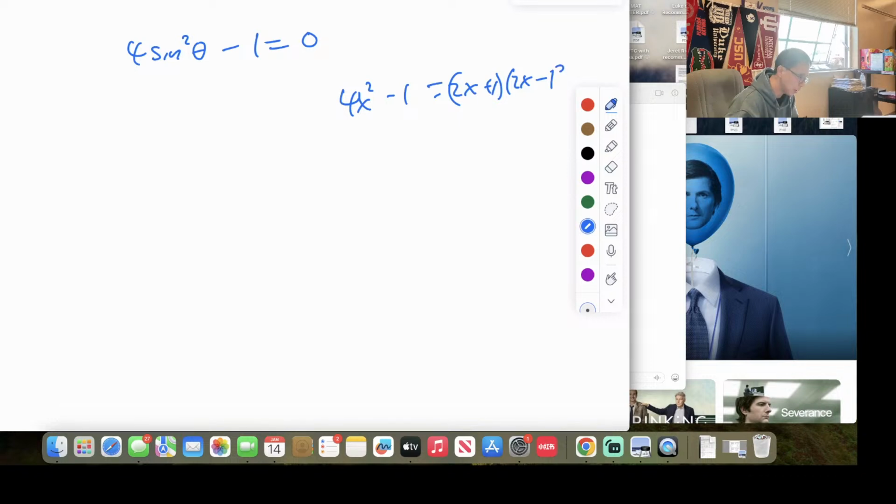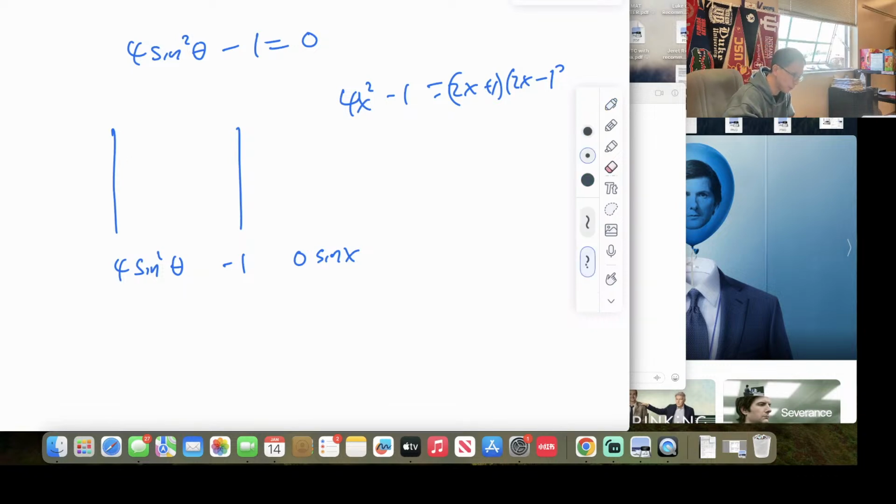You can see it: 4 sine squared of x minus 1, and there's 0 sine of x because there was no middle term, right? So it'll be 2 sine theta and 2 sine theta, and 1 and 1.